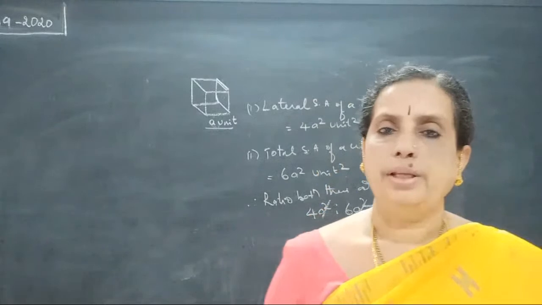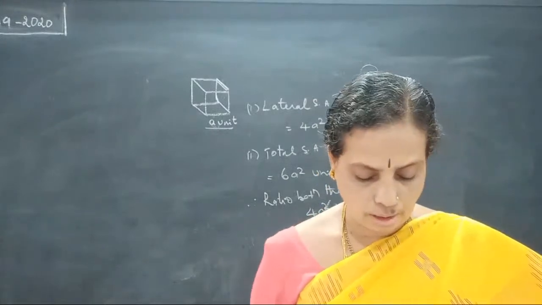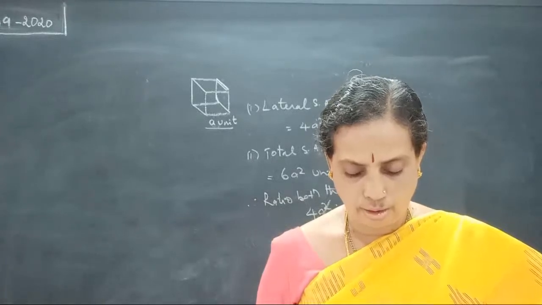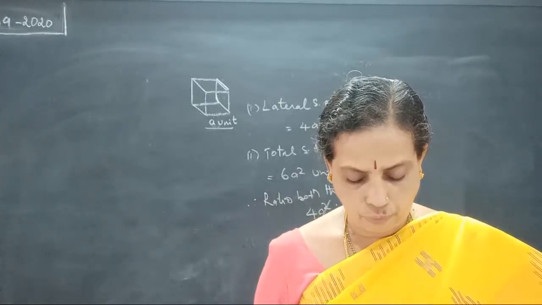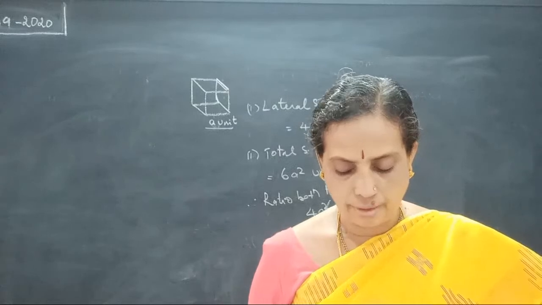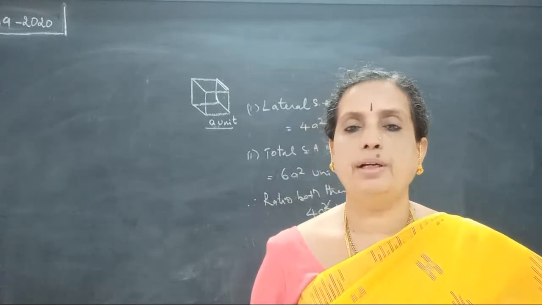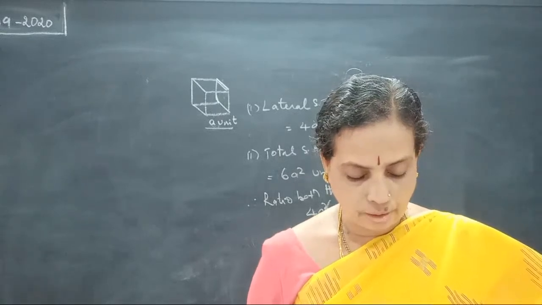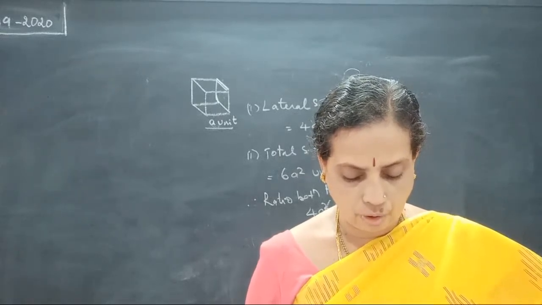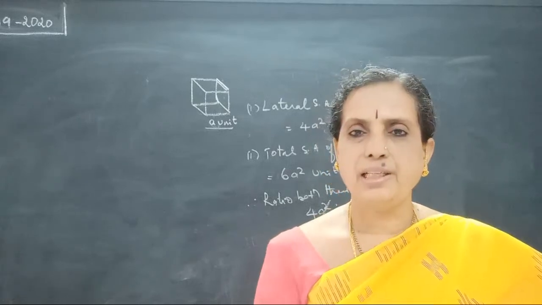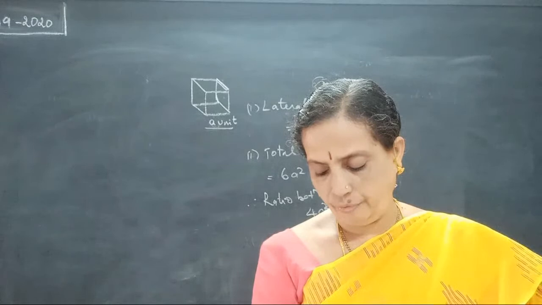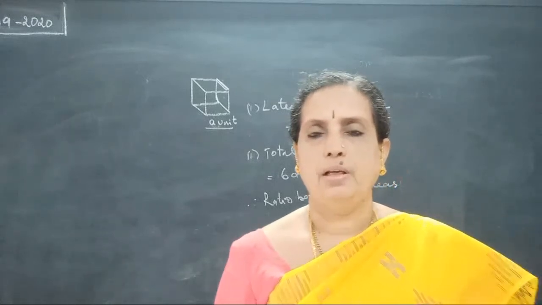Okay. Next small question. The length, breadth and height of a room are 5 meter, 4 meter and 3 meter. They have given the dimensions of the room. Find the cost of whitewashing the walls of the room and the ceiling at rupees 7.50 per meter square.